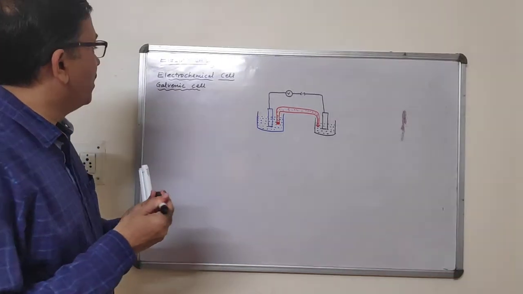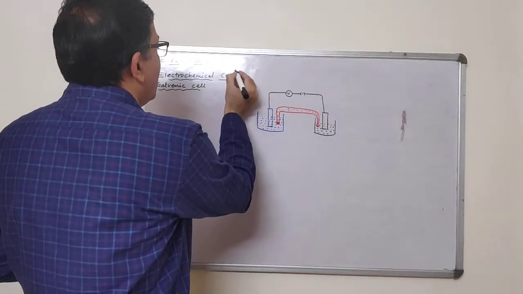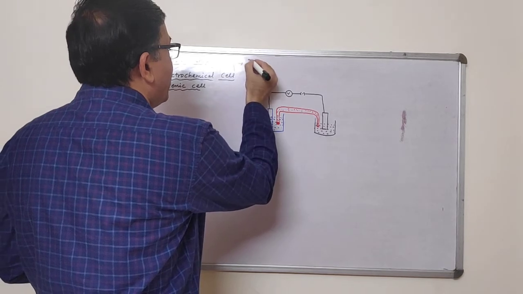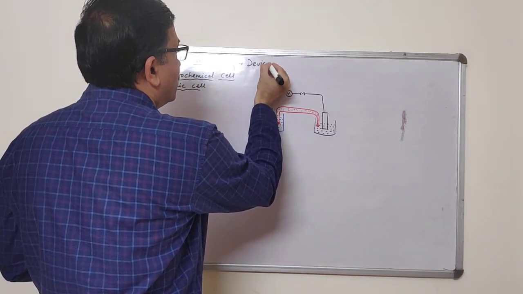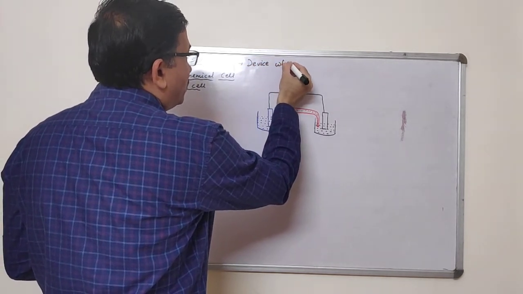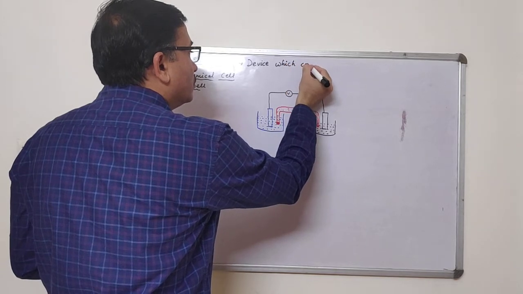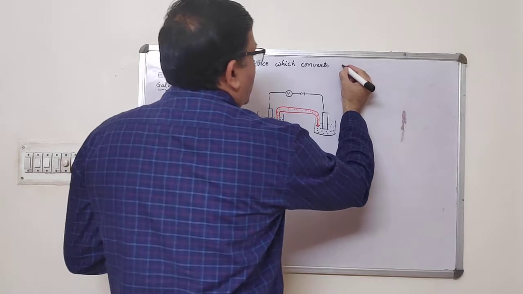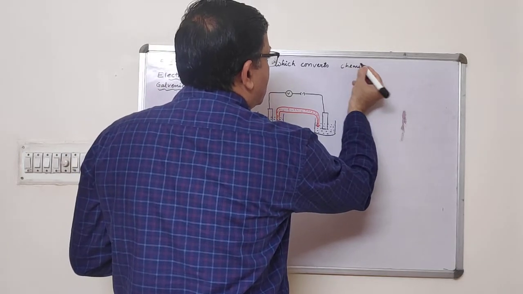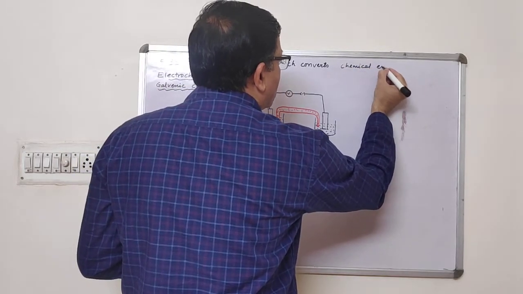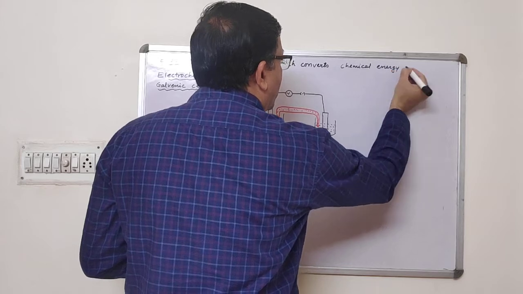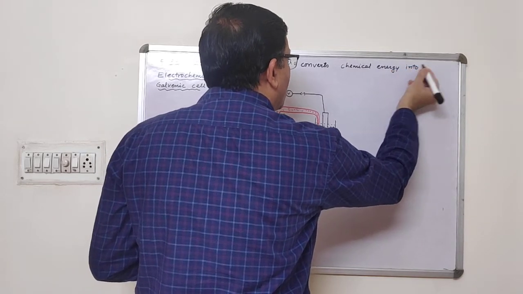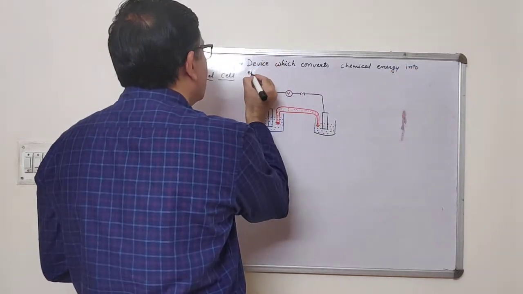What is an electrochemical cell? An electrochemical cell is a device which converts chemical energy into electrical energy.